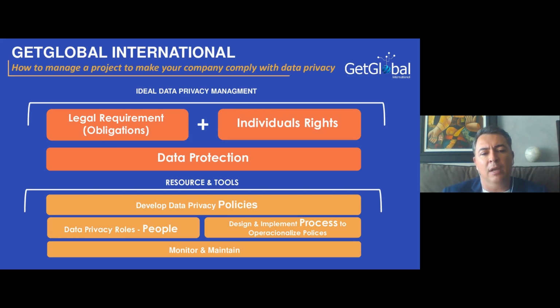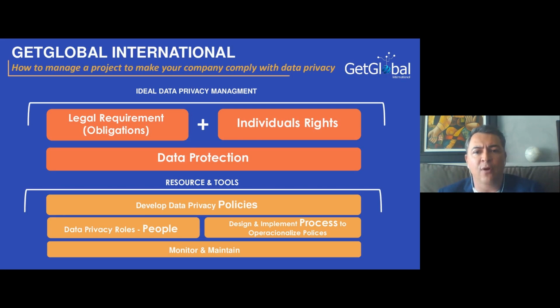Also, the policy will have to stipulate the procedures and the rules to monitor and maintain the policy. So people will be responsible for monitoring the business operation and trying to identify if the people are following the procedures. And how would these people do that?